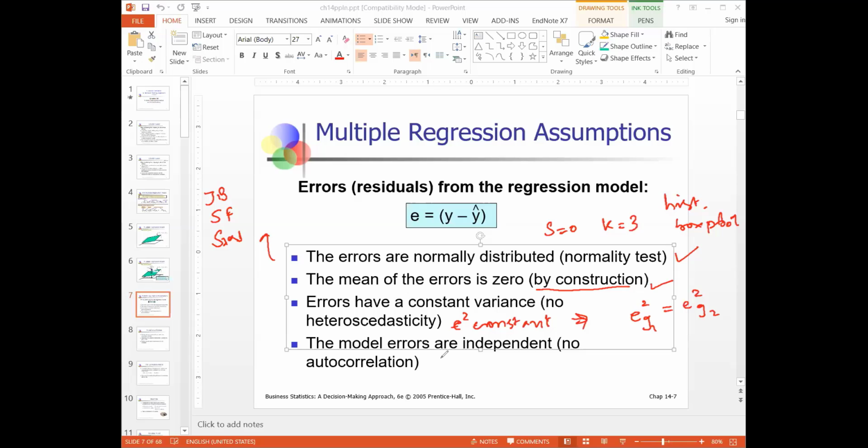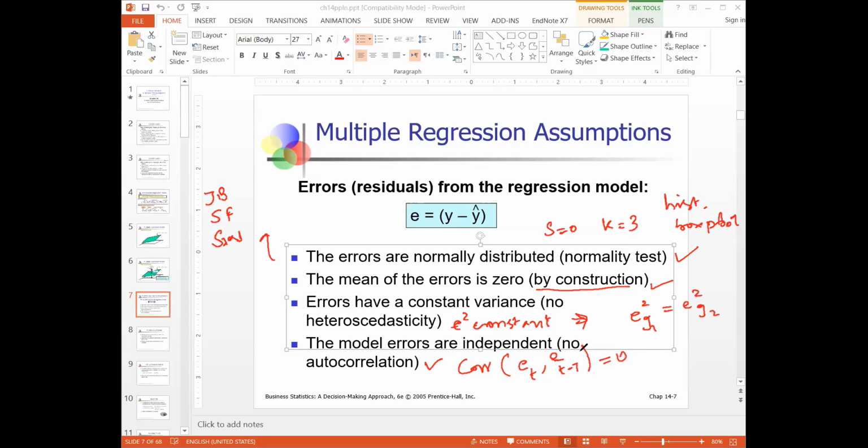Lastly, the error term should be independent. What does it mean by that? Let me write in another way. The correlation between error term t and error term t minus 1, that is, error term today and past error term, should be equal to 0.